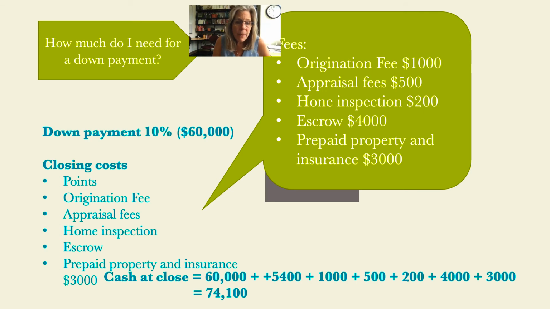So the total amount that you'll need to come up with when you buy the house is $74,000. That's a lot of money. That's the down payment plus all these closing costs, but it's good to know ahead of time. Sometimes you can get down payments as little as 5%, and you need to consider that as a possibility, but mostly 10% is a good amount. It used to be 20%, but now most people go with about 10%, especially in California.